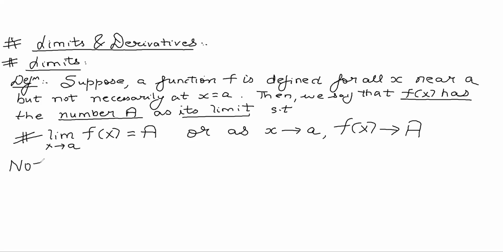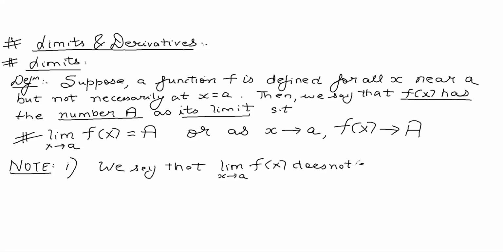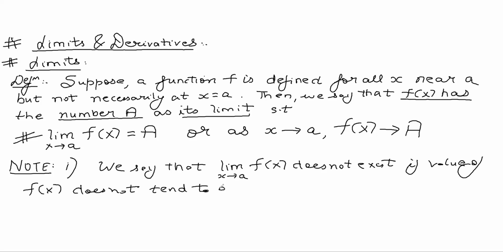Let us write a note. Within note point 1, we say that limit as x tends to a, f of x does not exist if the value of f of x does not tend to any fixed number as x tends to a.